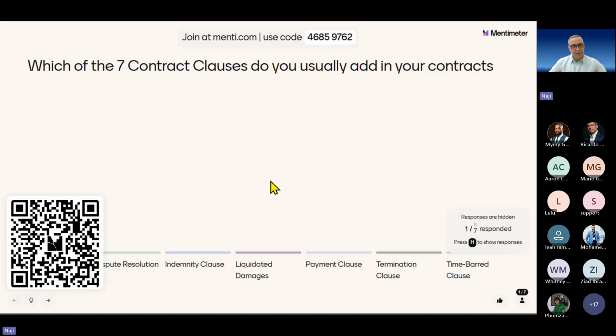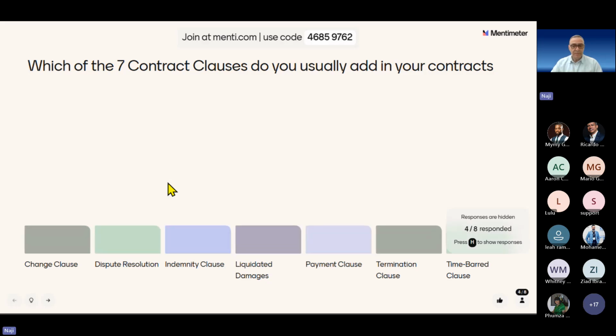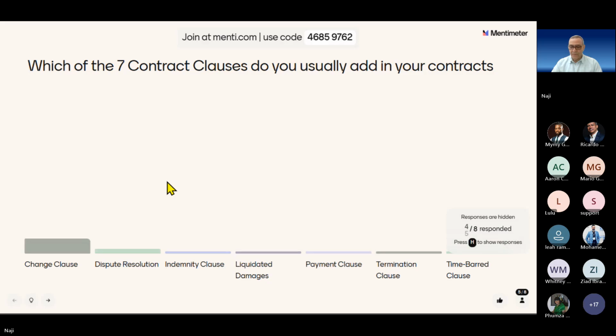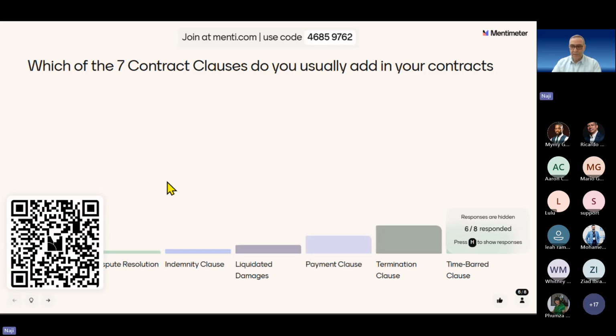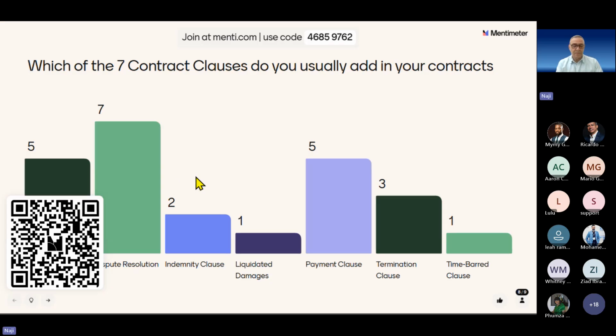Now I am hiding the answers so that you don't get influenced by previous answers. I will show the answers later on. Did you have the chance to scan the code, or do I have to show it again? Let me show it for a few more seconds so that most of you can participate. So far, dispute resolution is one key clause.